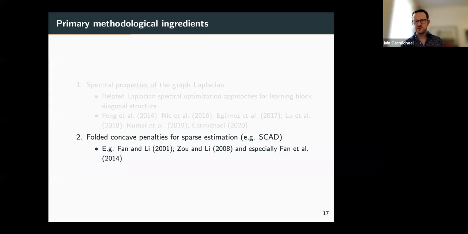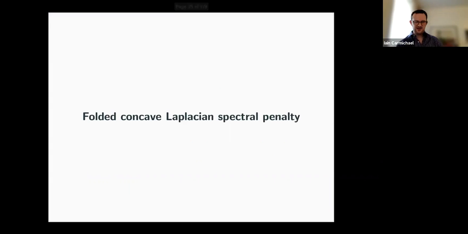And this project is inspired particularly by this paper from Jianqing Fan et al. in 2014 on the strong oracle property for entry-wise sparsity. Okay, so let's dig in.